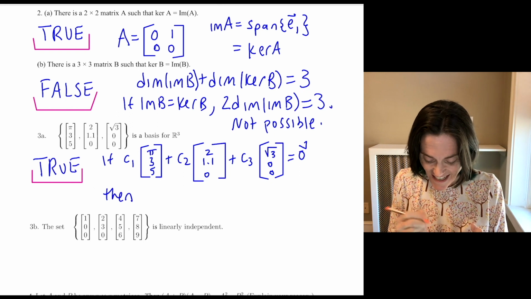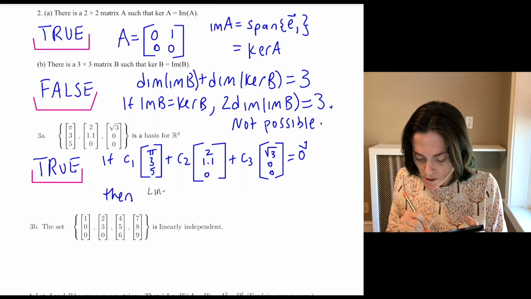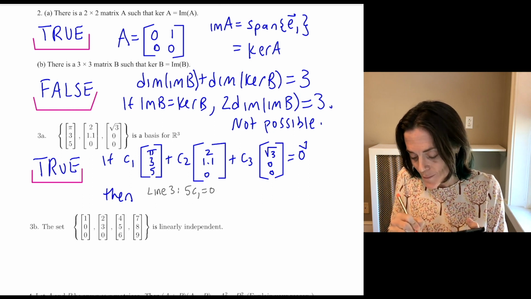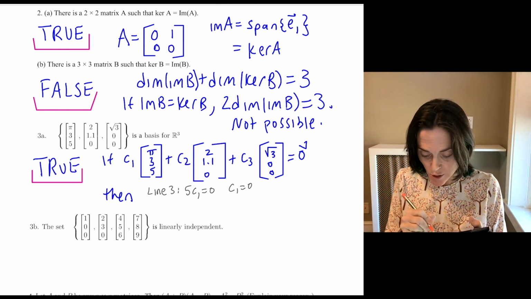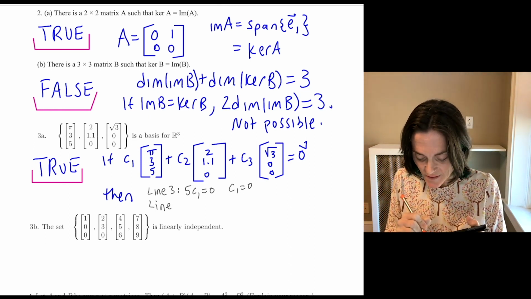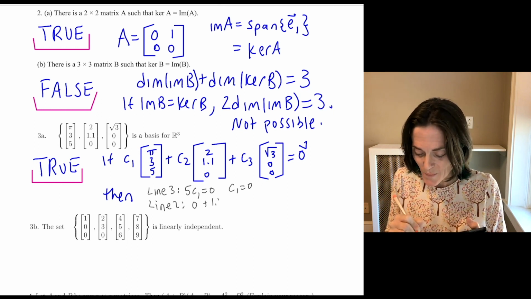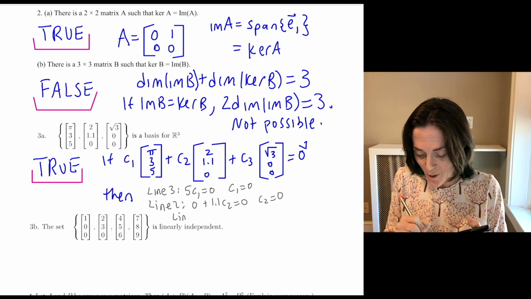Well, we have 3 lines here. Line 3, we will start with, this says 5C1 is 0, and we get C1 is 0. We can march up. Line 2 would say 0 plus 1.1 C2 is 0. We get C2 is 0. Then march up one more line.